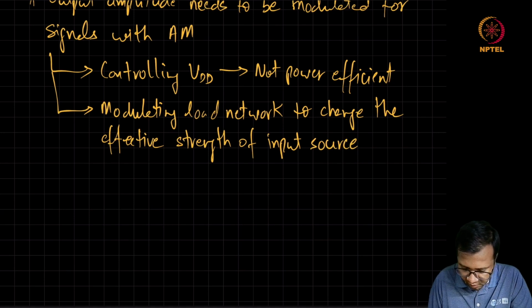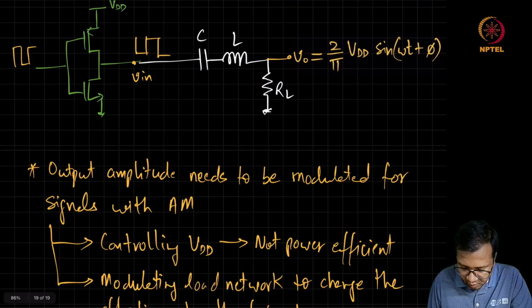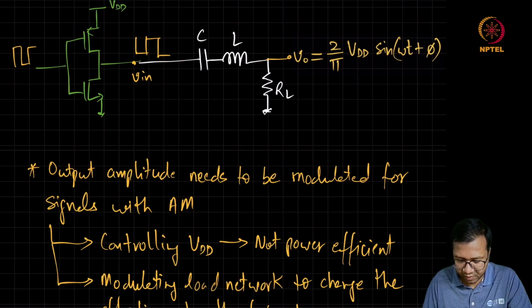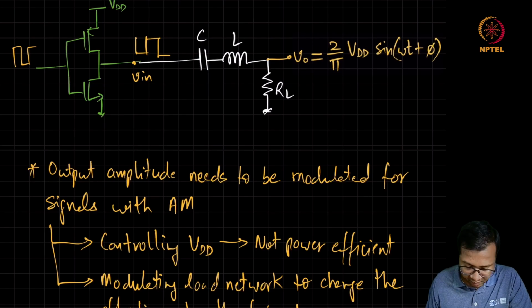The idea is we are going to do some modulation in these lossless components, so that without adding any extra power dissipation or extra voltage drop across a lossy component, we can still control the output power.